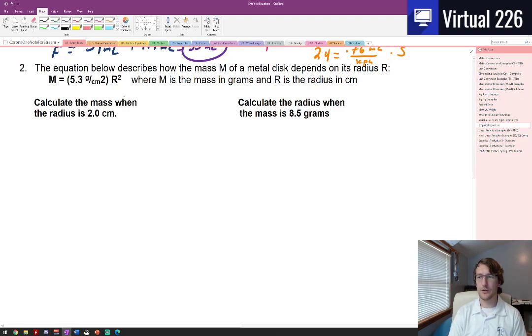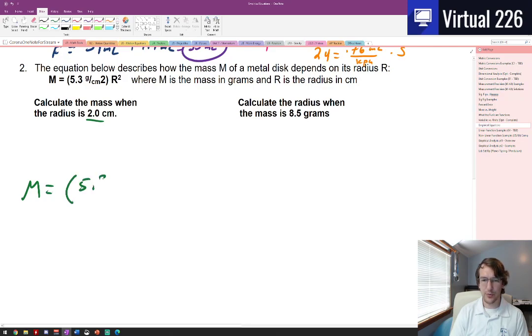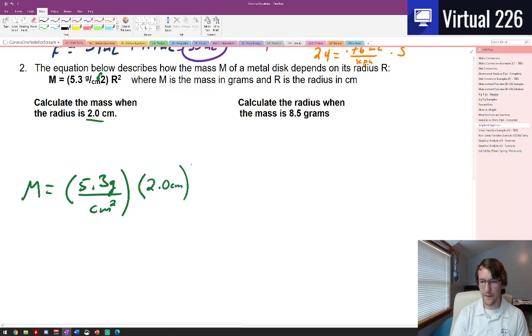Okay, so let's work these out now. Radius is 2 centimeters, so mass equals 5.3 grams per centimeters squared. That should be a squared there. Times the radius, which is 2.0 centimeters squared.